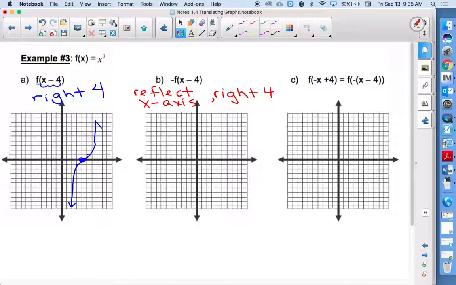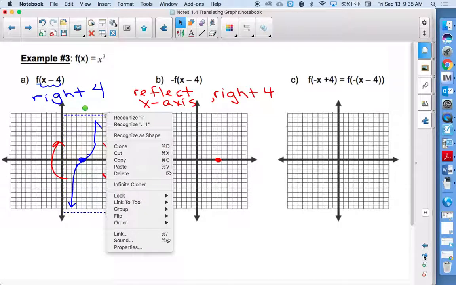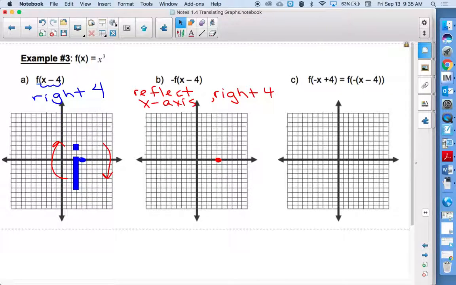So we're moving right 4. This side is going down. This side is coming up. And if it works for me. Oh, there we go. Uh-oh. Well, I don't know what that is.